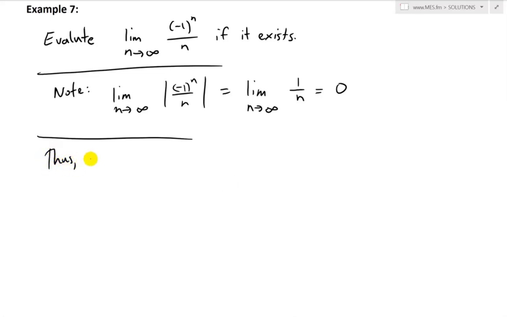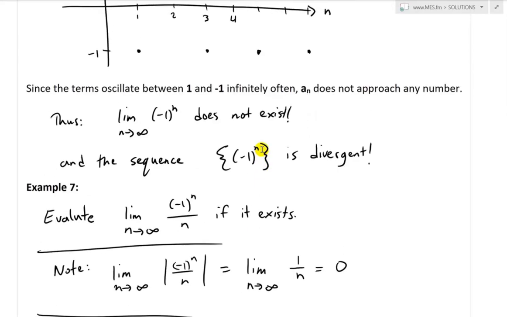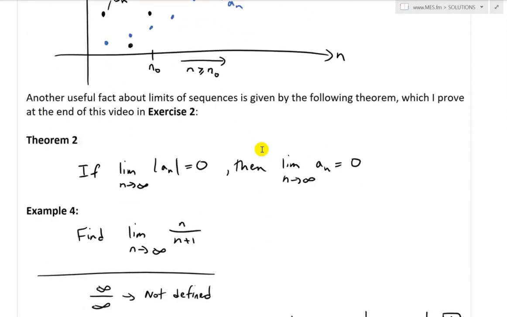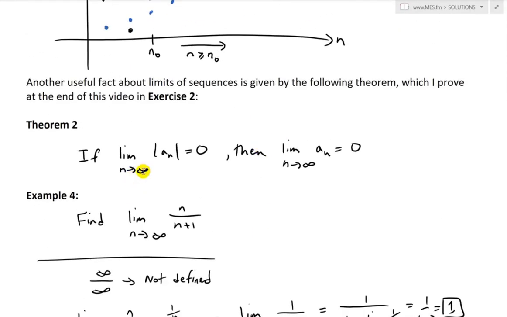So from theorem 2, if you just scroll up to theorem 2, remember that's just an absolute value. If it equals 0, then the non-absolute value is also 0. So here's theorem 2: if the limit of the absolute value of a_n as n approaches infinity is equal to 0, then the limit as n approaches infinity of a_n is also equal to 0.